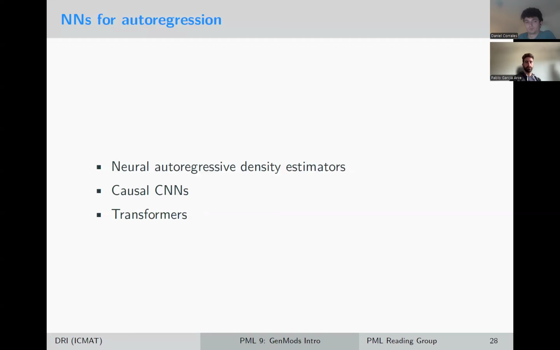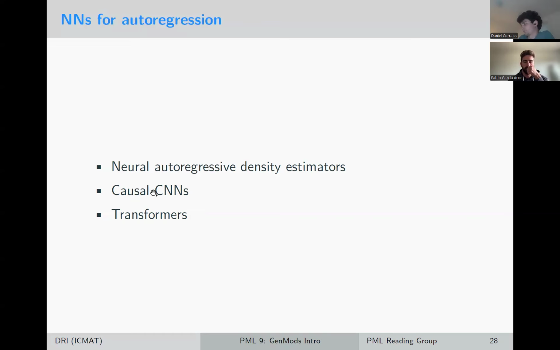But the same kind of idea, using a neural network for the nonlinear autoregression, has been used in what are called neural autoregressive density estimators, which is the same idea but with deep neural networks and using variational inference.